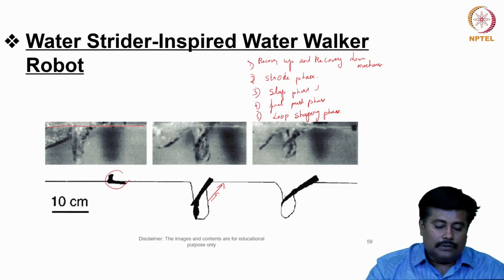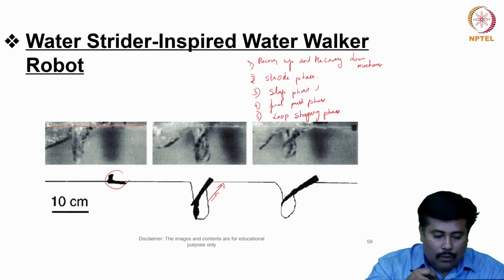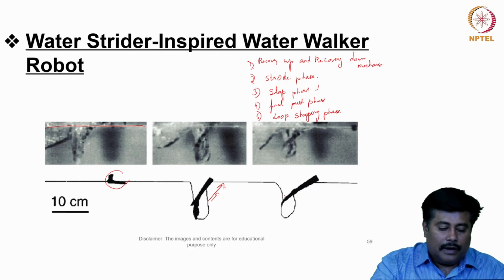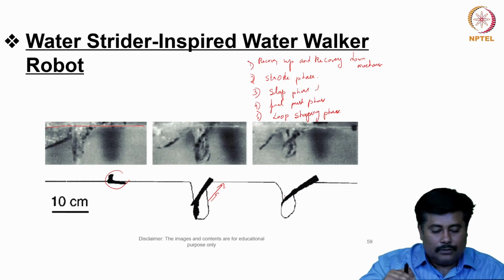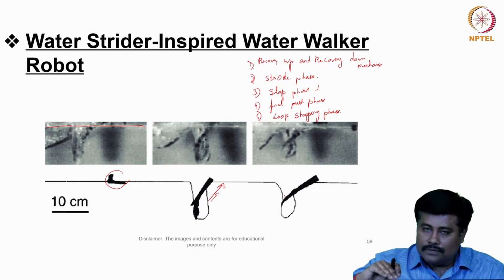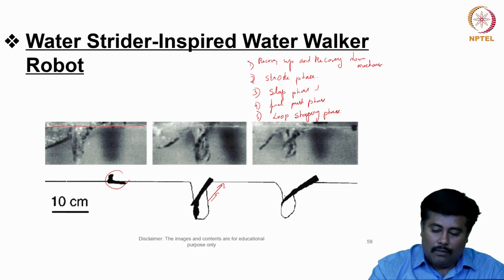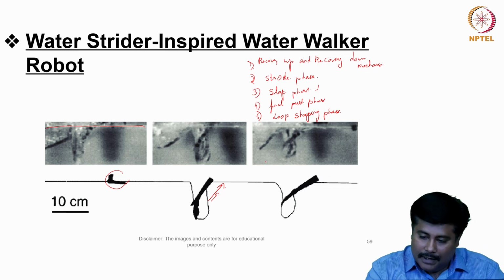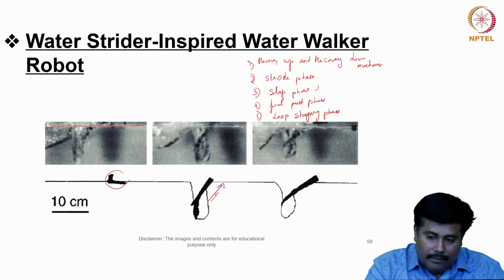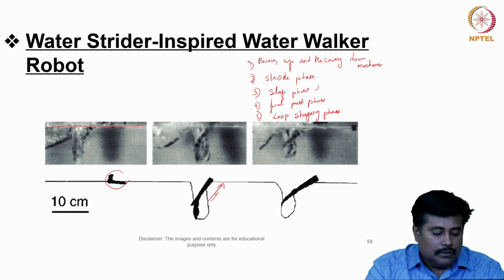This phase continues until the ankle has reached the lowest point of the loop, and the drag of the loop is assumed to be a force exerted on it. We can create this loop shaping in such a way that we have a drag phase and a lift phase.